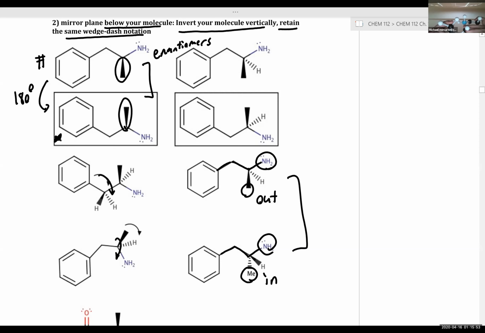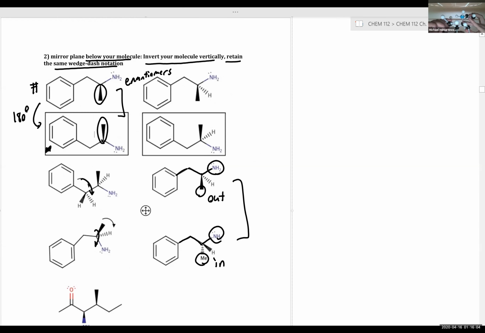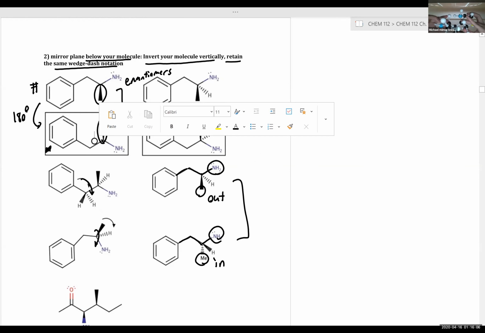And then once we set it up that way, as we notice, our depiction of this structure matches right down here. And as we notice, when our molecule is flipped 180 degrees, in our enantiomer, it looks like our methyl group is pointing out.